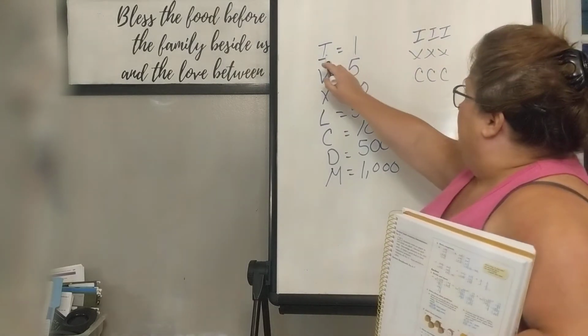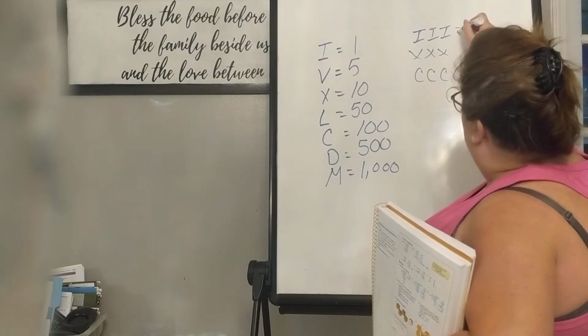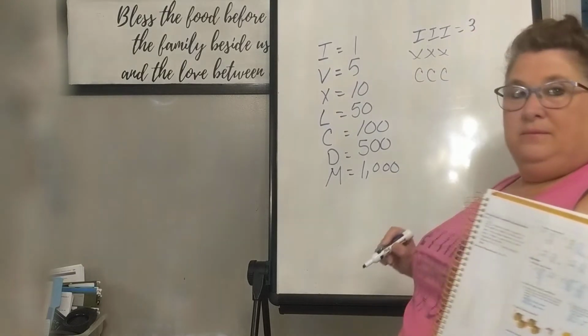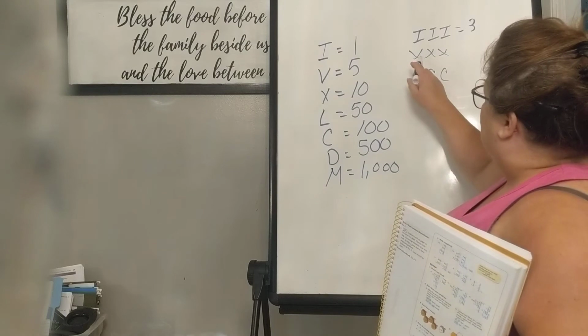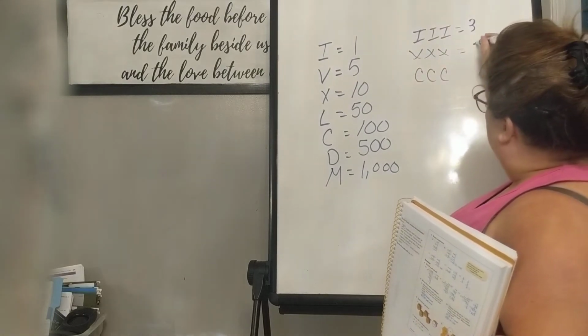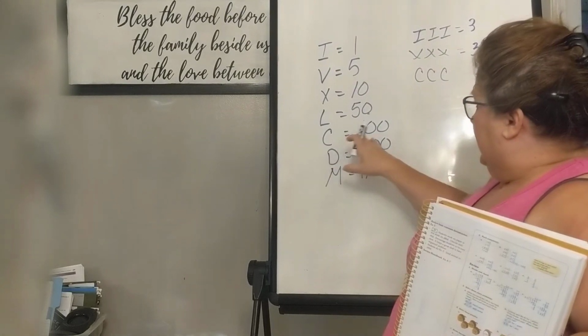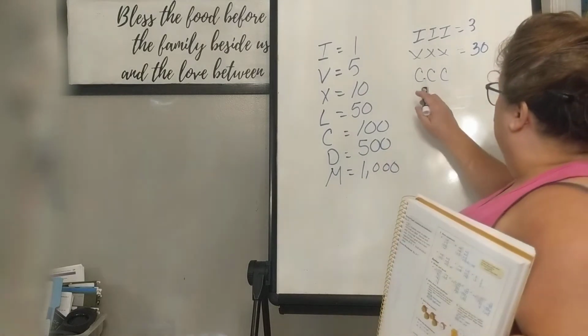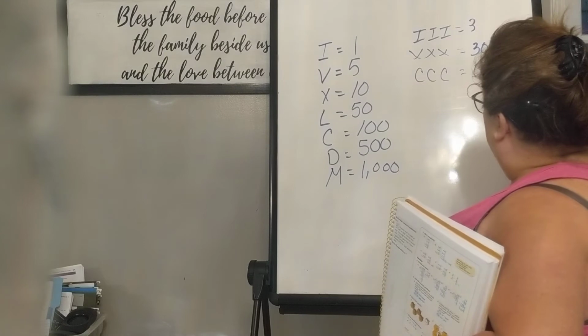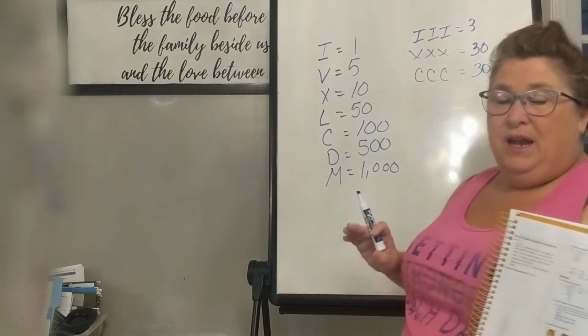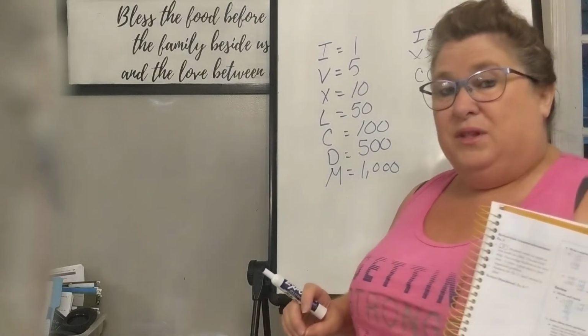The letter I is 1, so this would be 3. The letter X is 10, so this would be 10, 20, 30. The letter C is 100, so that would be 100, 200, 300. So you can't use more than 3 of the same letter in a row.